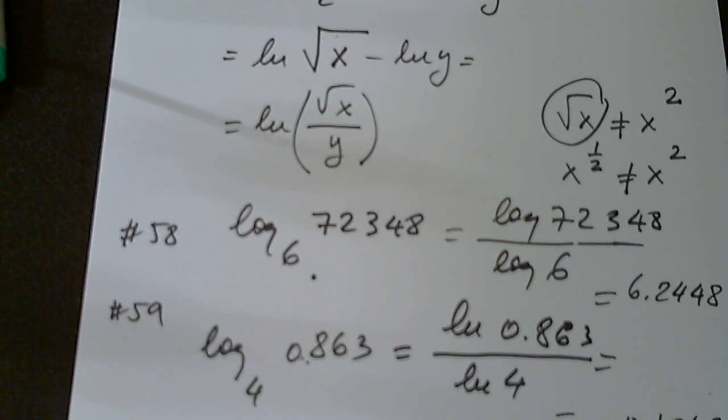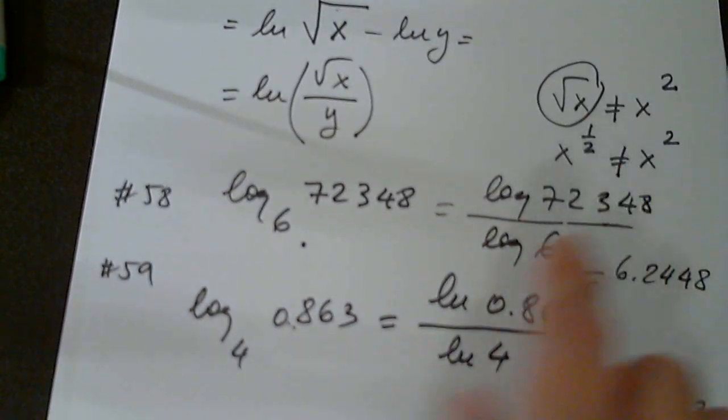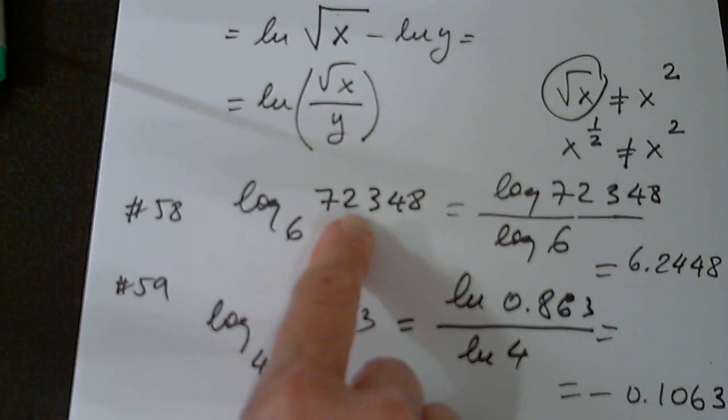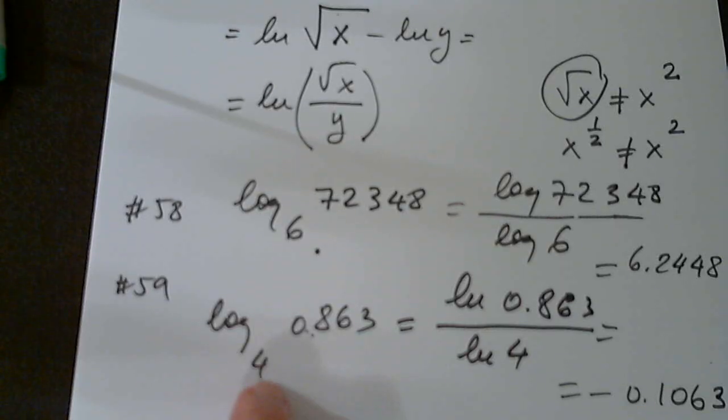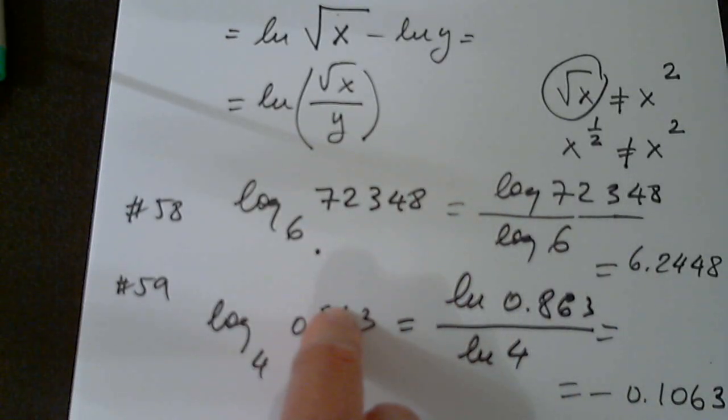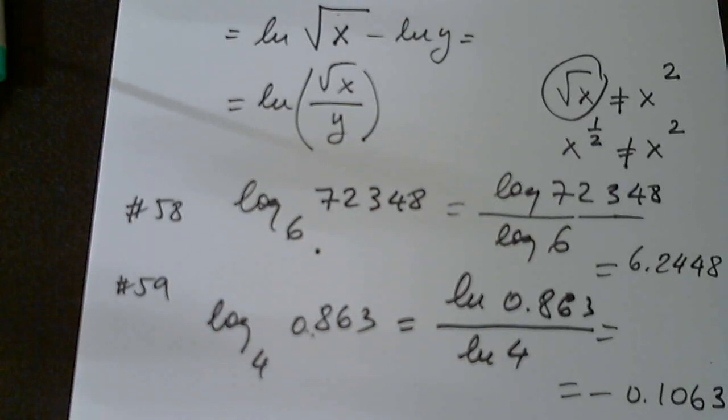How do I check that this is the correct answer? Remember, 6 raised to this power has to give us this. What about here? 4 raised to this power has to give us this. Let's check. Good.